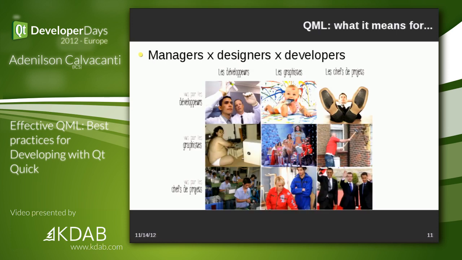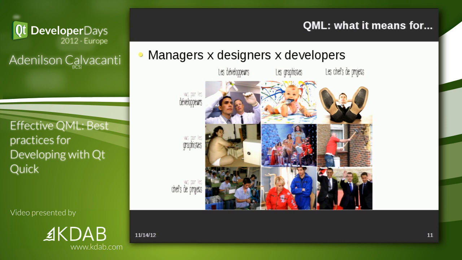All right, so what does QML really mean for different categories of actors? I would say that for managers, it means that probably we're going to be able to complete our project faster. For designers, you are going to have a faster interaction between creating mockups and later actually seeing them running on the target device.